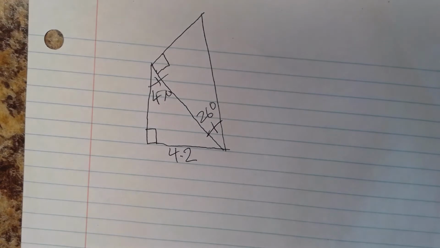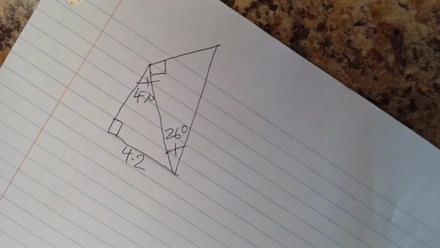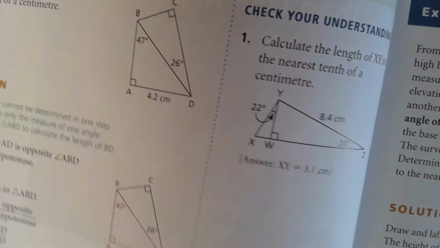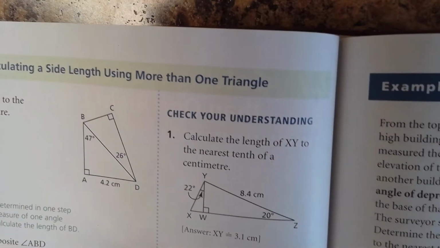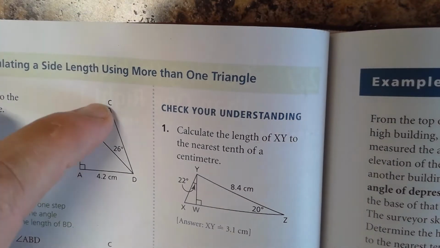Number 26 says find the length of CD. So let's look back at the original diagram. CD is this side right here.